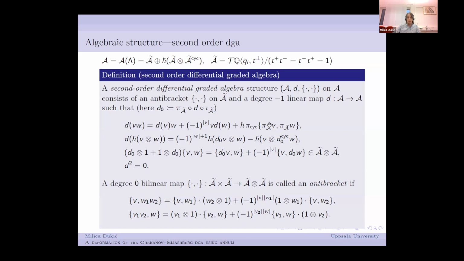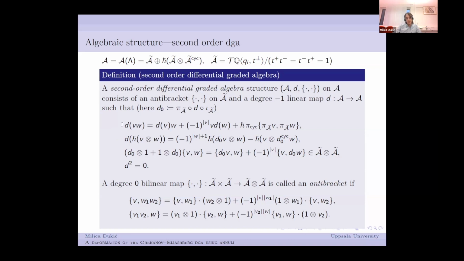And it consists of a degree -1 linear map D that squares to 0 and a bracket such that certain relations are satisfied. We don't have to look into these in detail. It's good to say that basically all of them are some type of Leibniz rule. This first one is special.